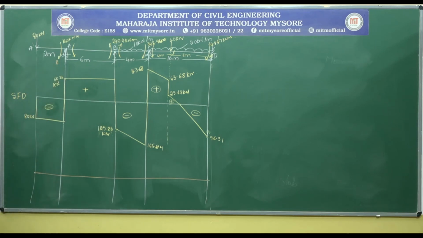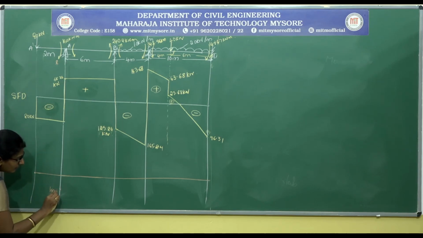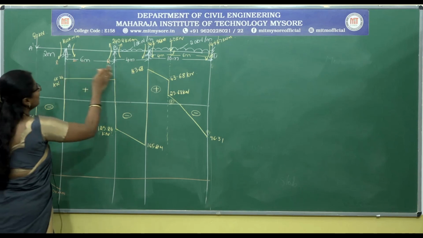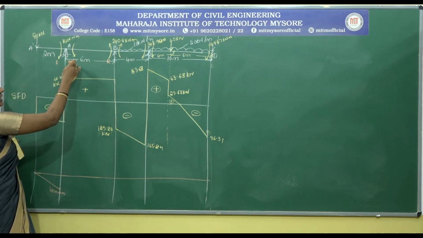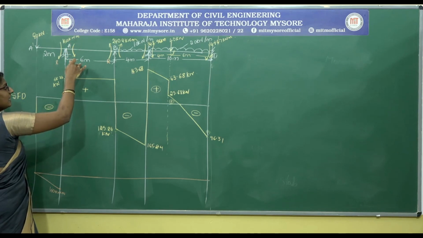So, the moment acting towards the right side of the section in the clockwise direction is considered as negative. So, we take 160 in the negative direction.